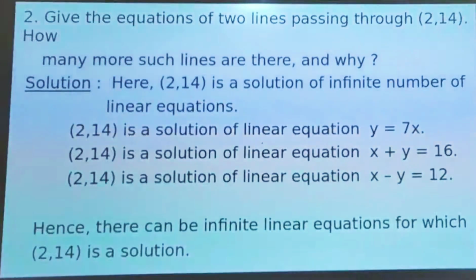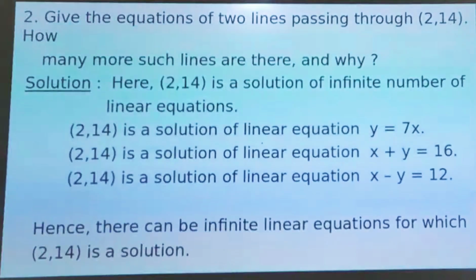Now, we have to give equations of two lines passing through (2, 14). That is when the value of x is 2, the value of y is 14. Such two equations we have to give which satisfy this solution.